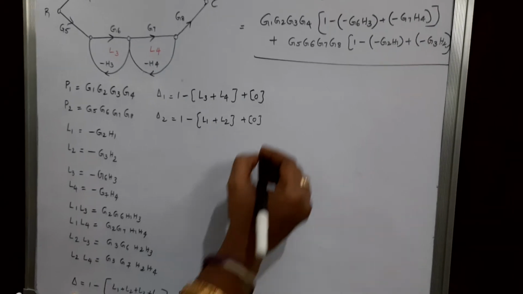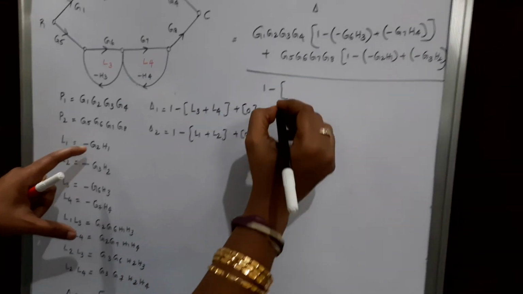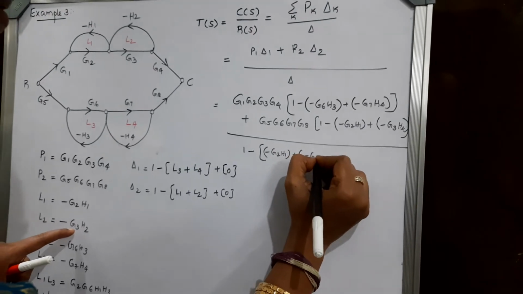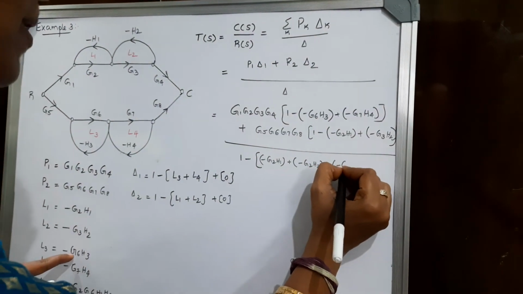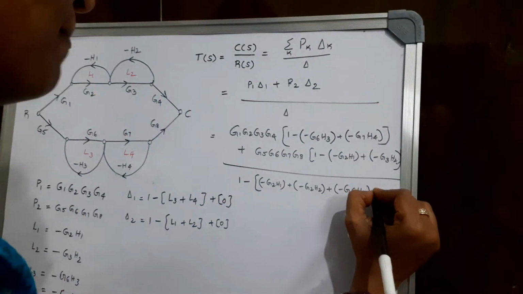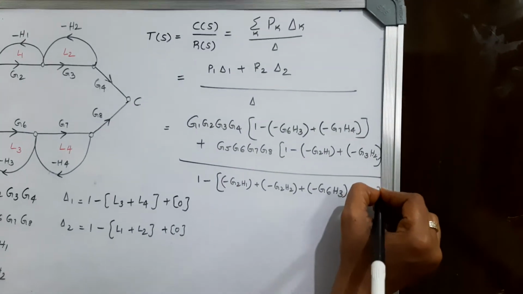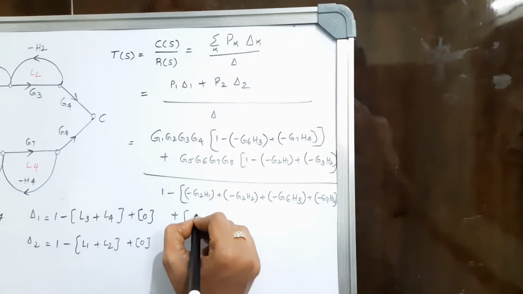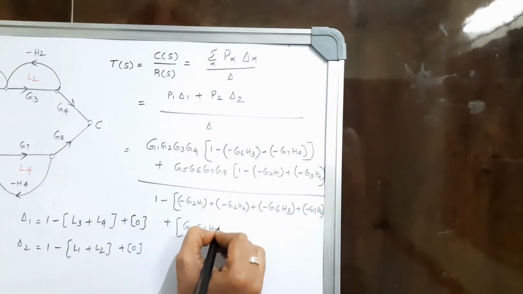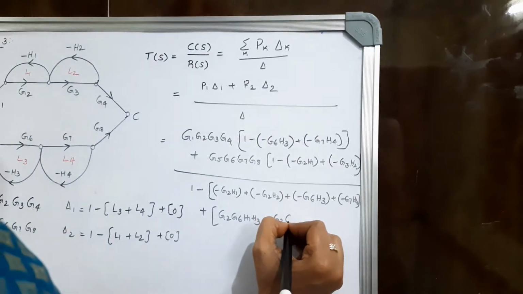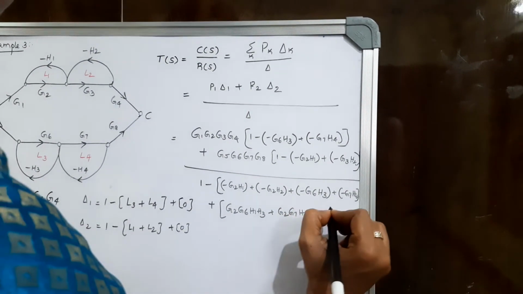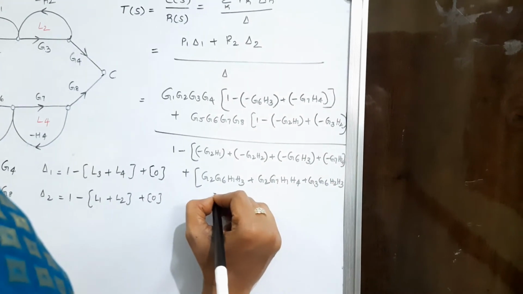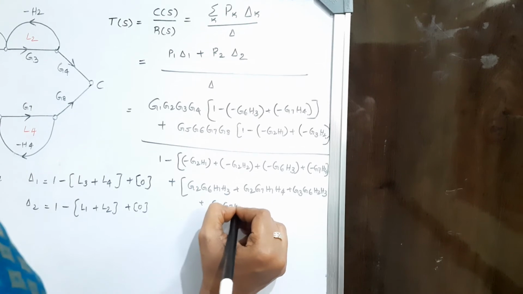Now delta is this one, being 1 minus of all the loops here, the loops being minus G2 H1 plus minus G3 H2 plus minus G6 H3 plus minus G7 H4, then plus the combination of L1 L3, which is G2 G6 H1 H3 plus G2 G7 H1 H4 plus G3 G6 H2 H3 plus G3 G7 H2 H4.